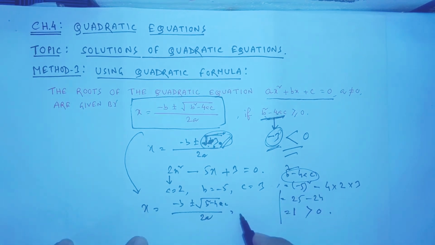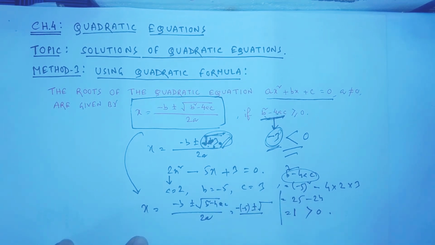Minus b is minus of minus 5, so it will be minus of minus 5 plus minus the square root of 1, divided by twice a, which is 2 into 2. Now you simplify this and you will get two required roots for x.